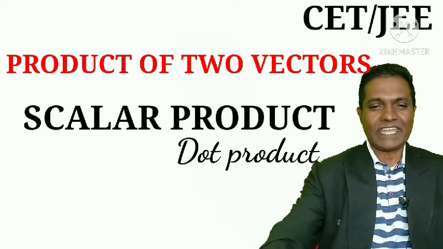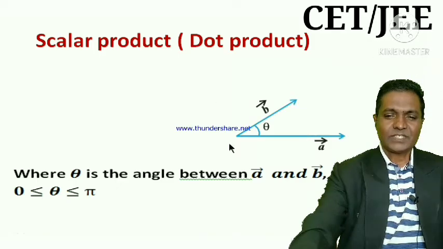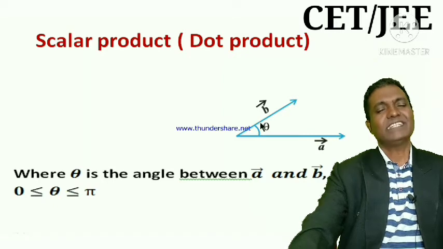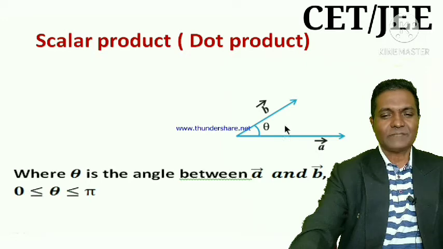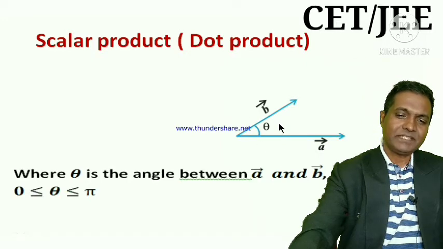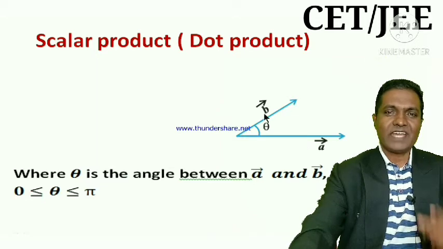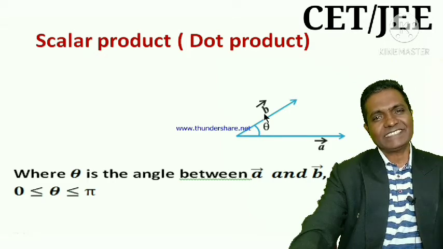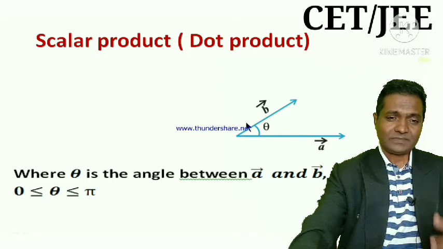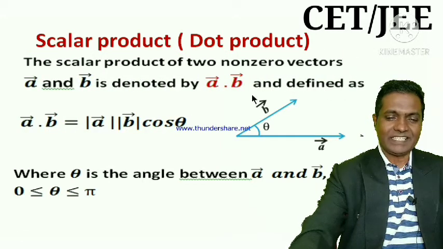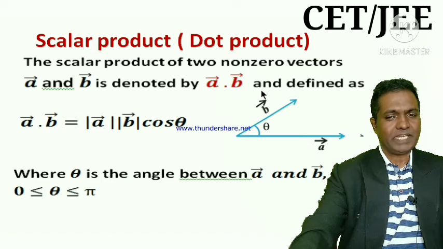So let's begin. Consider two vectors A and B, which are non-zero because they have some particular magnitude, and the angle between them is theta. If A and B are two non-zero vectors intersecting at an angle theta, then the scalar product of A and B is denoted by vector A dot vector B, and it is defined as follows.